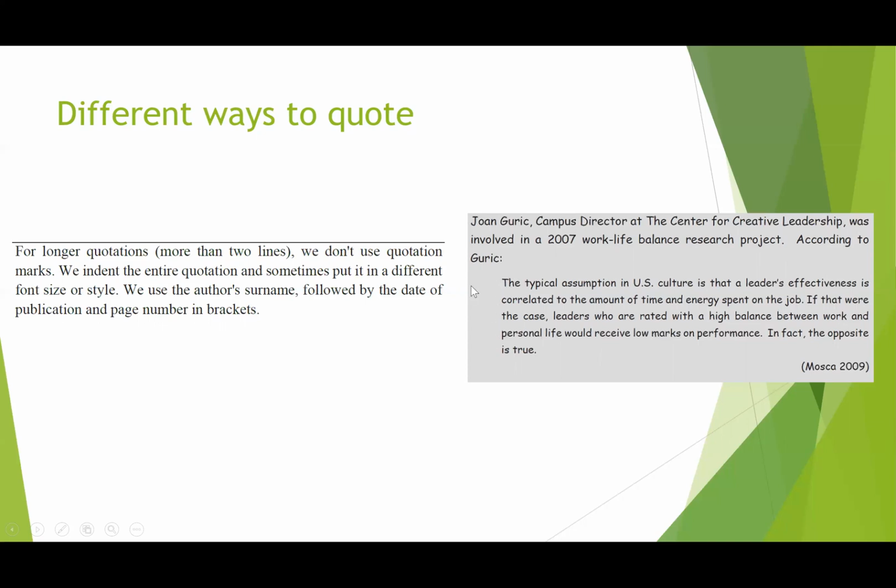Then we've got our quote. You can see that there's a slight indent. So then we've got one space, slight indent. And here we've got open bracket, surname, date that it was quoted, and close bracket. So that's all you need to do. You see how this has been indented? So I know this is a quote.